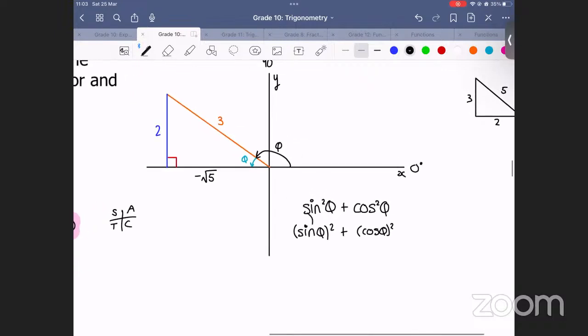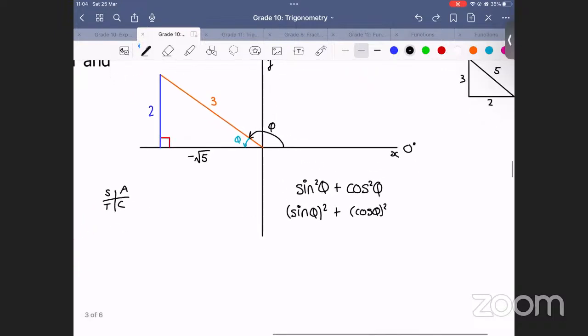The value of sine theta we can get from the Cartesian plane. Its value is opposite over hypotenuse, which is 2 over 3. So I'm going to say (2 over 3) squared plus cos theta, which is adjacent over hypotenuse. So it's negative.